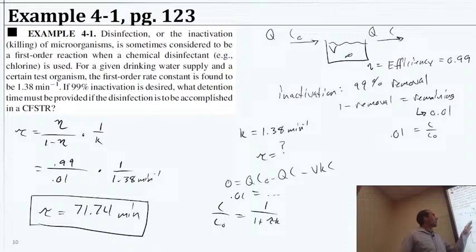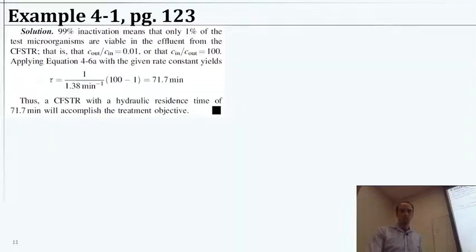The point really is that we can make nice, convenient parameters based on some efficiency, right? If we know the efficiency that we are targeting, we can just directly say, okay, it needs to have a retention time of this. And the book agrees, 71.7.